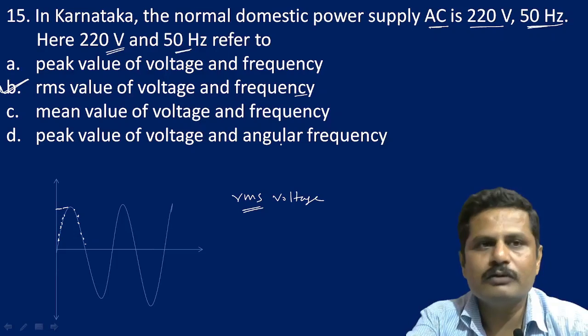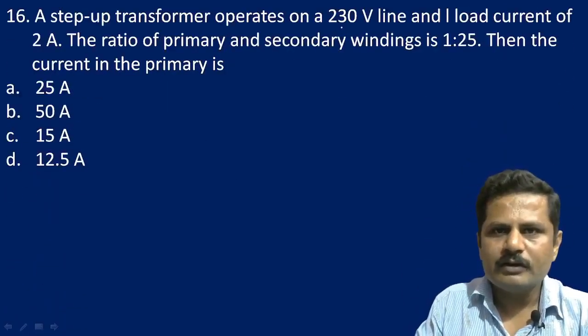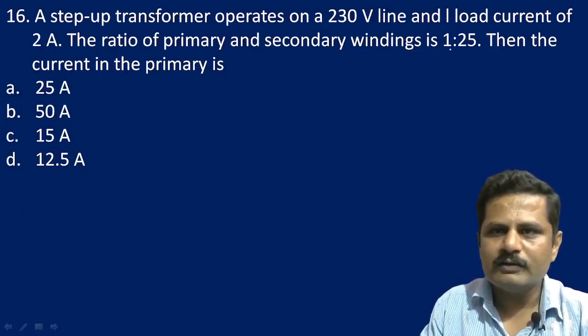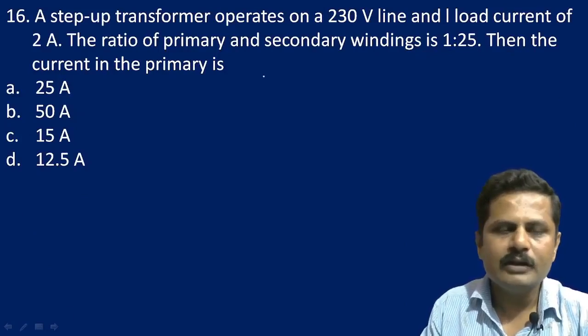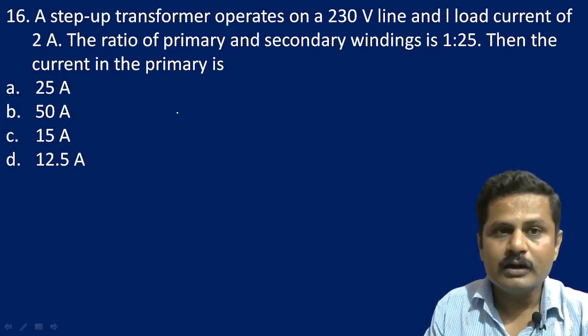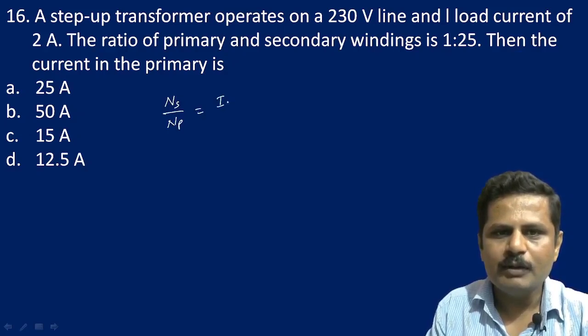So moving to the next question: a step up transformer operates on a 230 volt line and a load current of 2 ampere. The ratio of primary and secondary windings is 1:25. Then the current in the primary is. We know that the turn ratio in the transformer is Ns by Np equals Ip by Is.